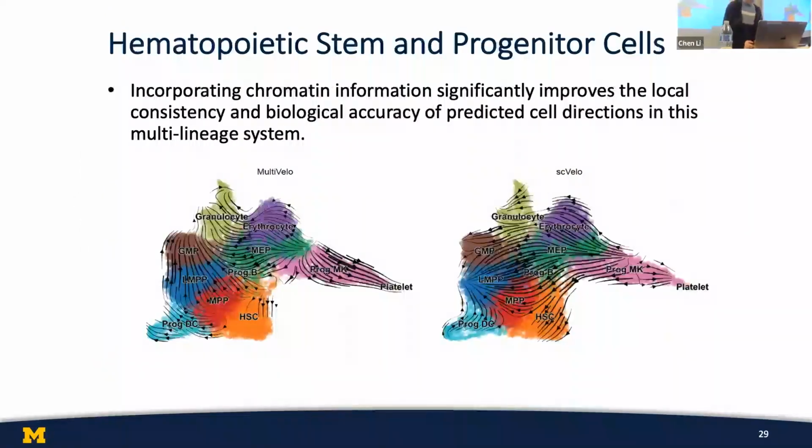The third data set we tested is the hematopoietic stem and progenitor cells, HSPC. This is the blood cell. Again, using the chromatin information, we observe a more accurate fitting result. Here, the cell types are labeled, and all the cell types here are actually progenitor cells of some kind.